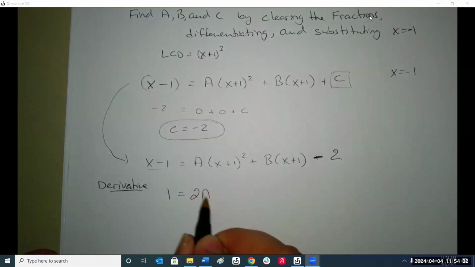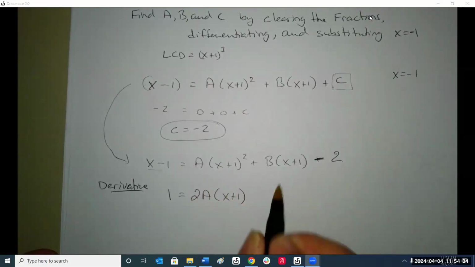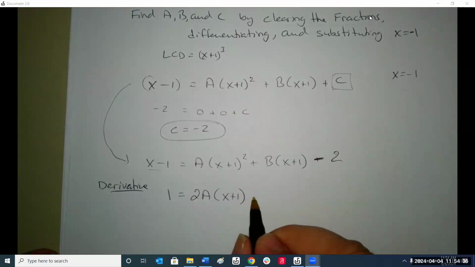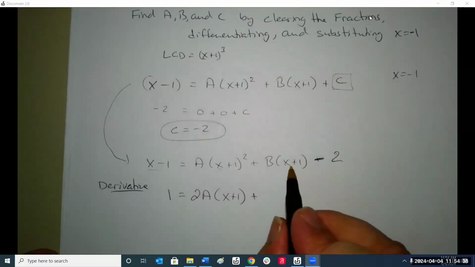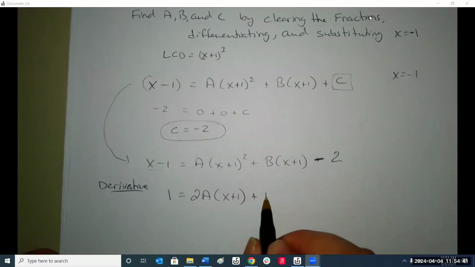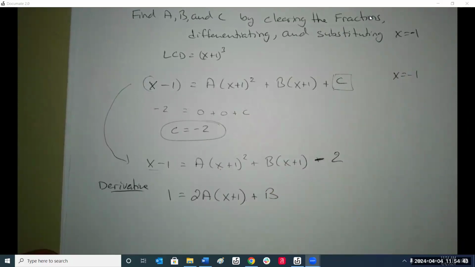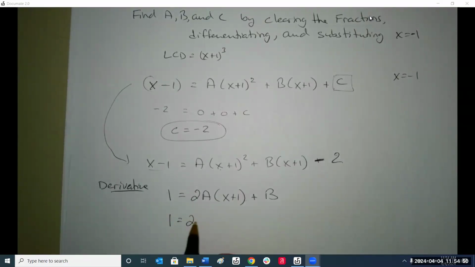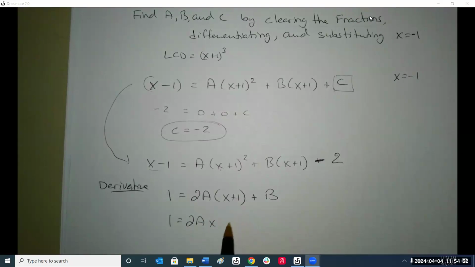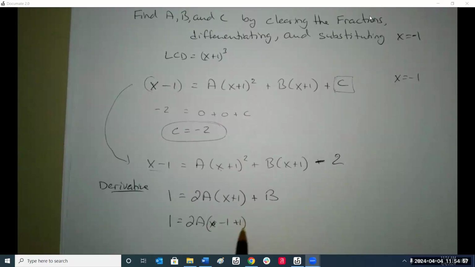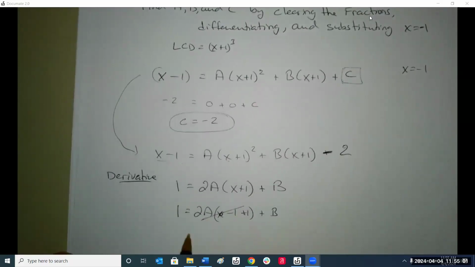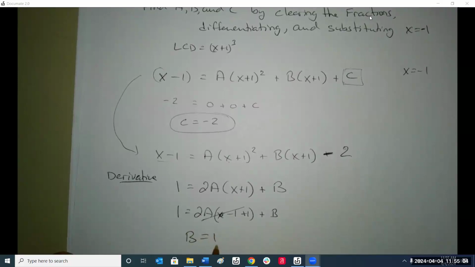So we have 2A(x plus 1) times the derivative of the inside. The derivative of the inside is just 1, and B is constant. So we have 1 equals 2A(x plus 1) plus B. Versus x equals negative 1, that goes to 0. So B is equal to 1.